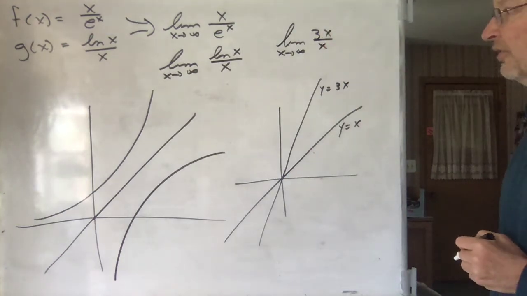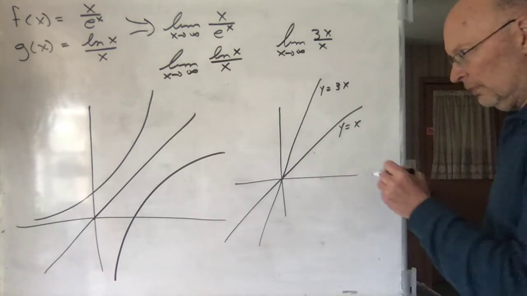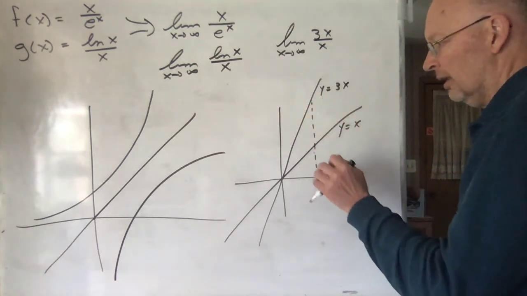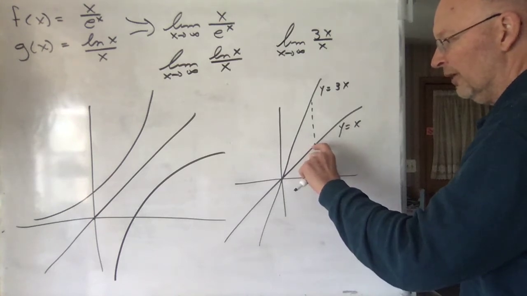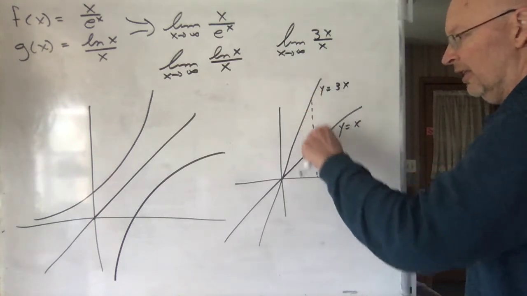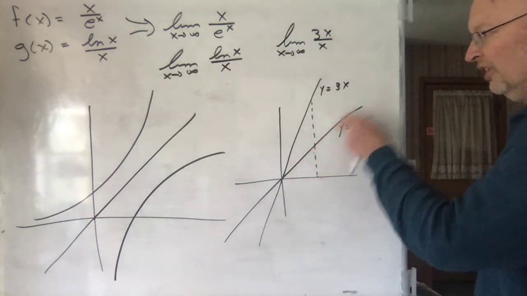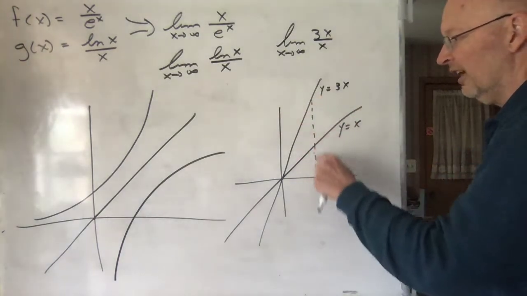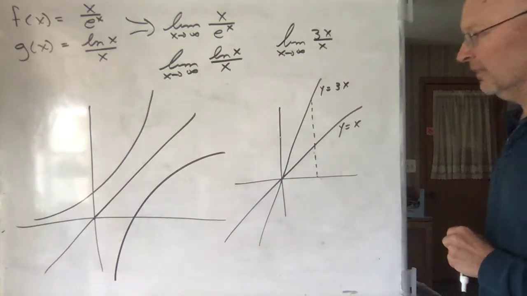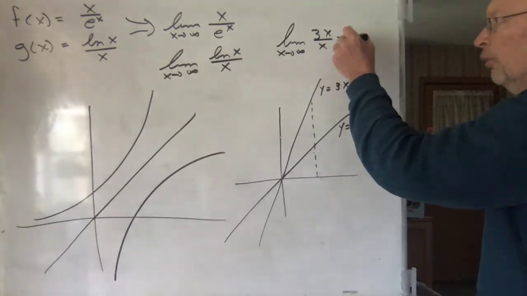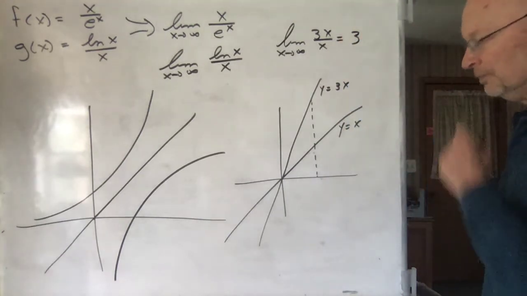So there's the answer just algebraically. The way we can get it graphically is by realizing that whatever height this is, this height is always going to be exactly 3 times as big. So as they go off to infinity, the ratio of this height to this height stays the same. It stays 3.